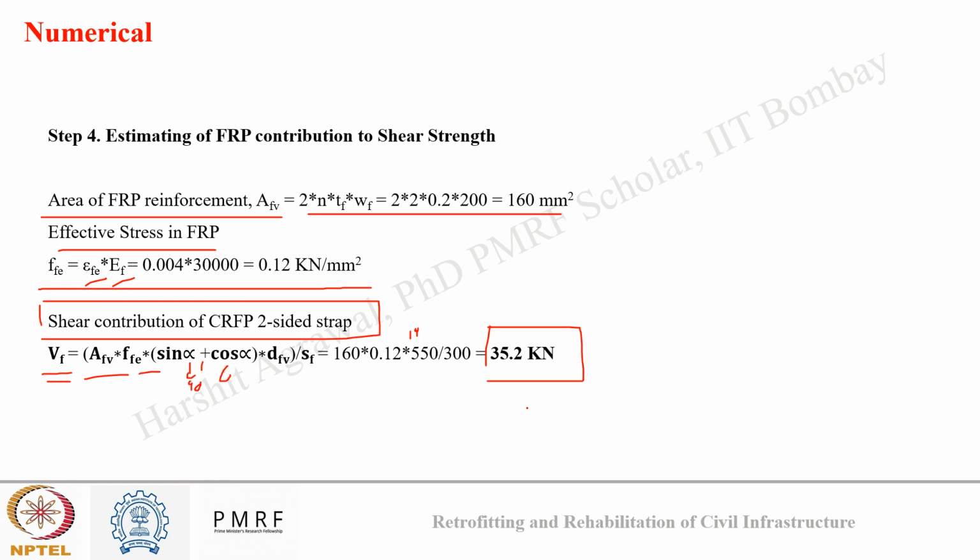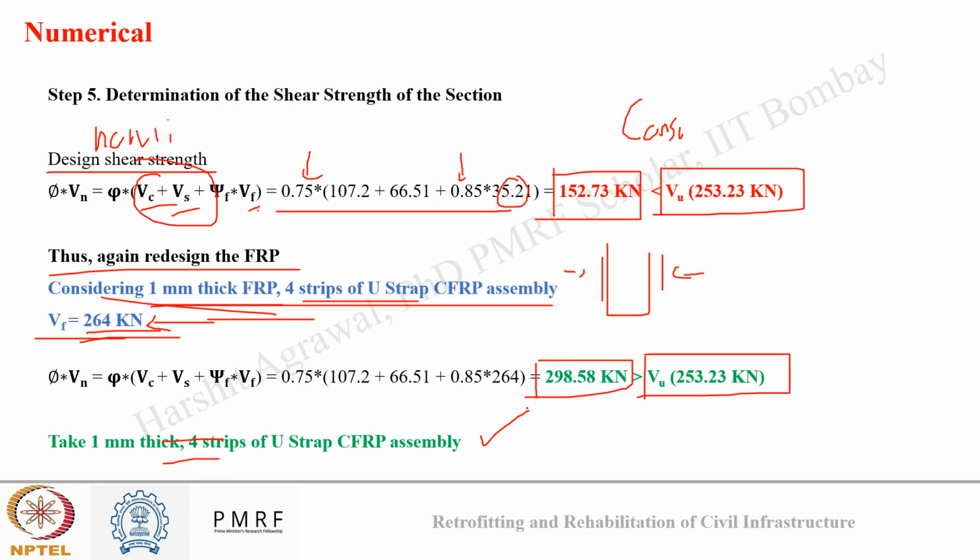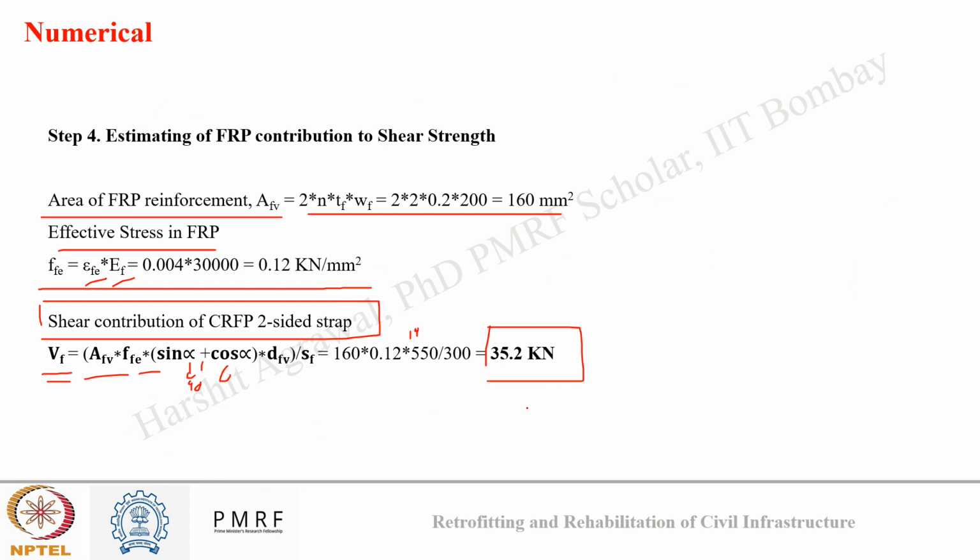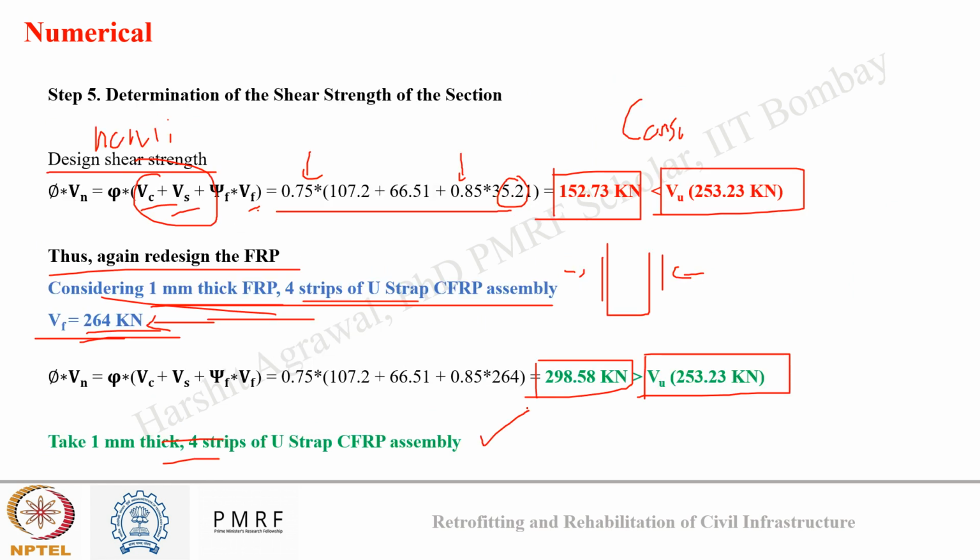We calculated the shear strength offered by the FRP, and then determined the net shear strength offered by the section, taking into account concrete, steel, and FRP, and checked whether it was sufficient or not. If it is not sufficient, we choose an alternate design, redo the design, and verify it. Any doubt in this part? Shear design of FRP?